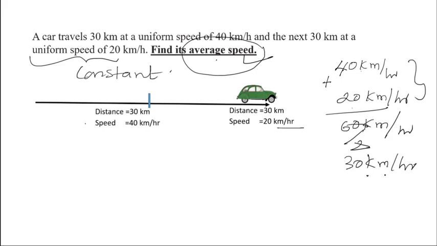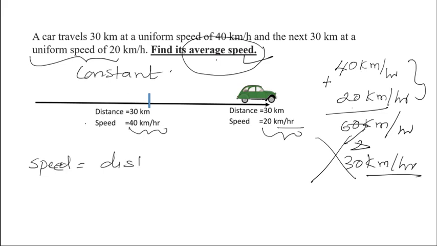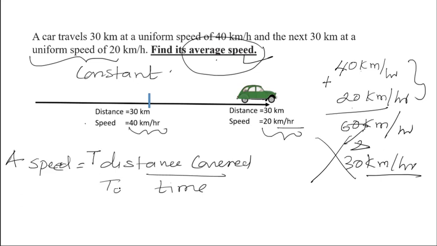That answer, if you write, it's wrong. So never simply find the average of these two speeds, which will give you a wrong answer. What is speed then? Speed is distance covered divided by time, and average speed is also total distance covered divided by total time. No change in the definition.